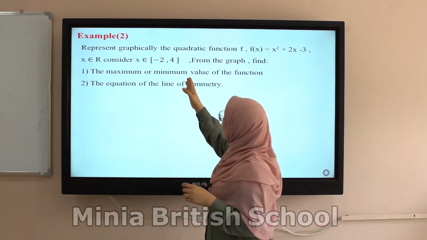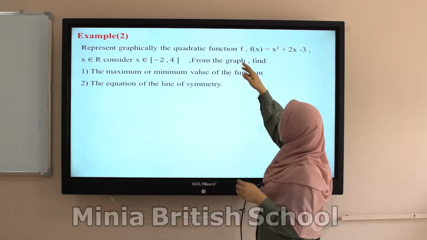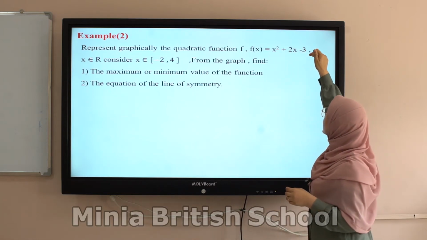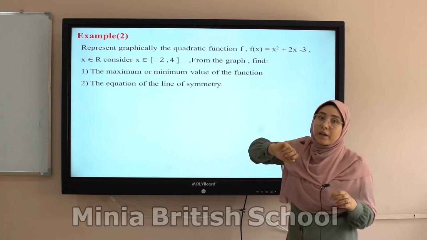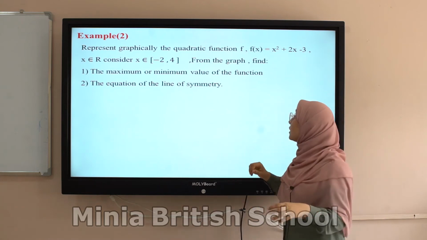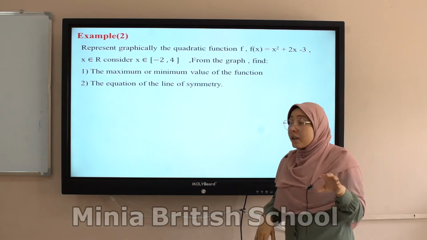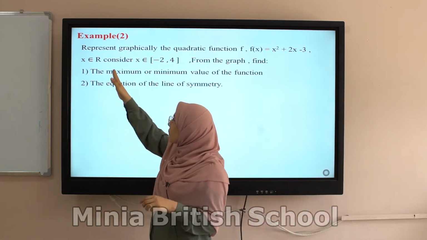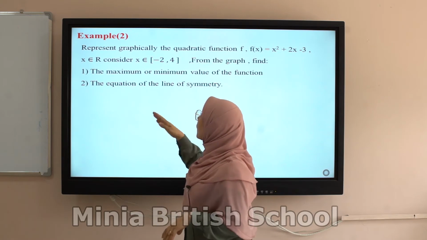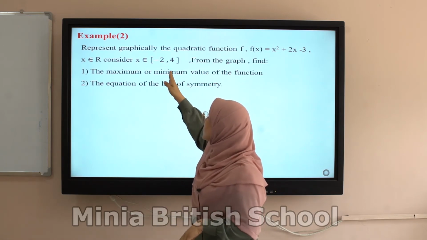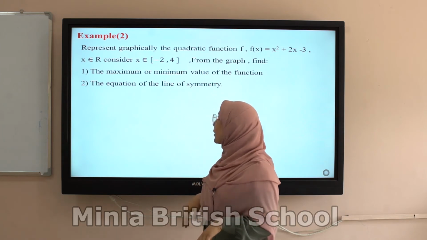Represent graphically the quadratic function f, where f(x) equals x power 2 plus 2x minus 3. So the rule of the function is x power 2 plus 2x minus 3. Here, x belongs to R. Consider x belongs to the closed interval from -2 to 4.